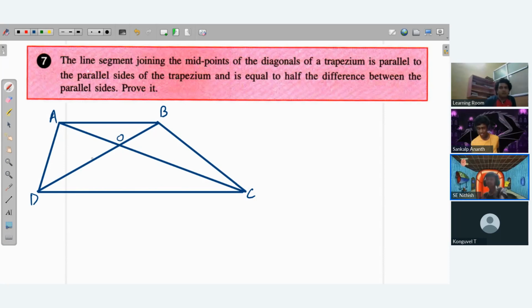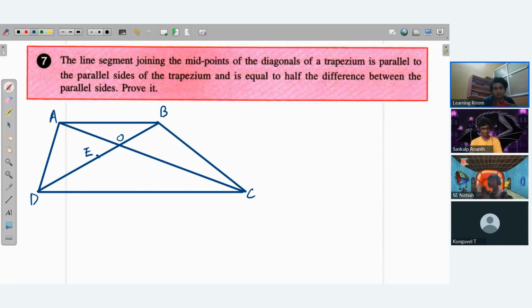Okay, so the angle sum is 540. Does this one look like the midpoint of DB? How can you say that, sir? Midpoints are not necessarily the intersection points of the diagonals of a trapezium.